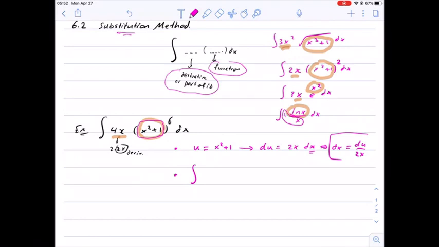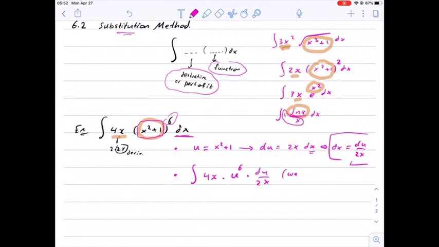So the integral is the integral of 4x times, x squared plus 1 is u, raised to power 6. Now dx is du over 2x. Now, after substituting these, we should eliminate all x's from the integrand.